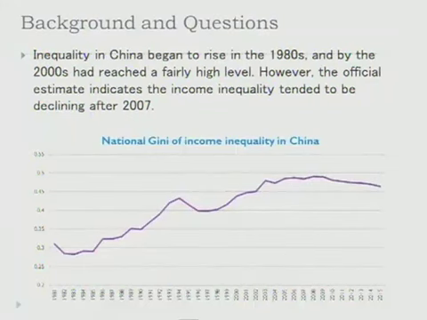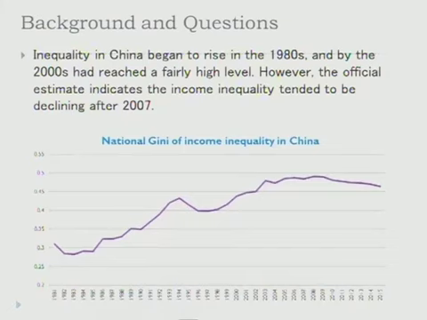The background is that inequality in China began to rise in the 1980s, and by the 2000s, around 2008, income inequality reached very high levels in China compared to other countries in the world.